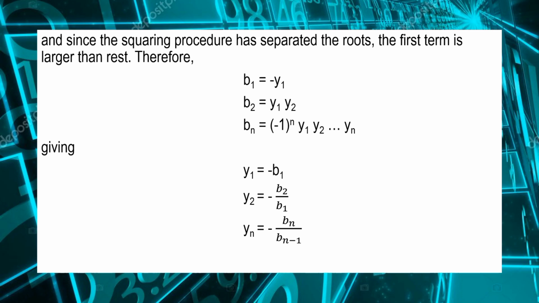And our b sub n is equal to negative 1 raised to n multiplied by y sub 1, y sub 2 up to y sub n, giving the values of y sub 1 equal to negative b sub 1, y sub 2 equal to negative b sub 2 over b sub 1, and y sub n equal to negative b sub n over b sub n minus 1.